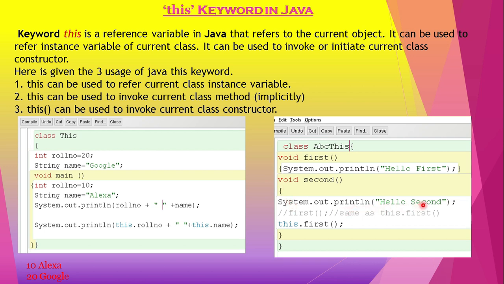System.out.println hello second. So when you run this, I am running this method only. Then when I run, hello second will be printed. Now I am going to access this one by using this.first. If I am not using this dot and I am writing first with parentheses, that also won't make any difference.